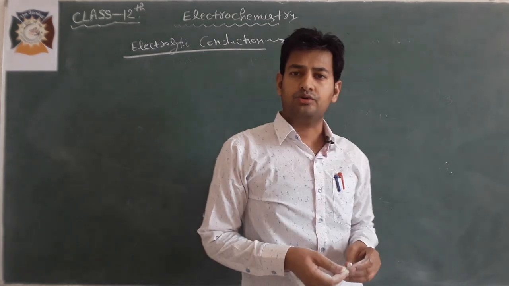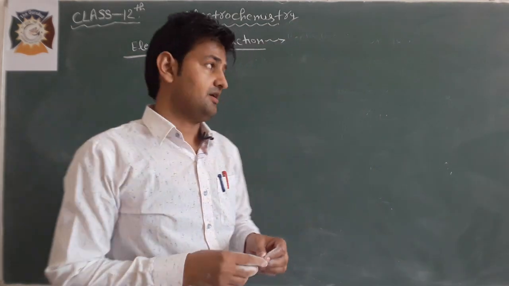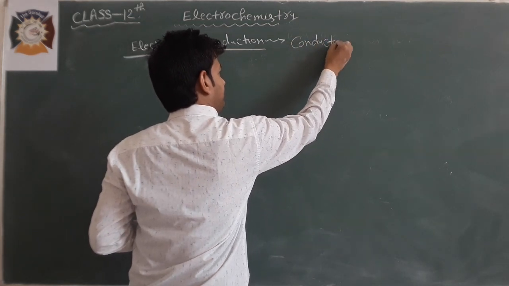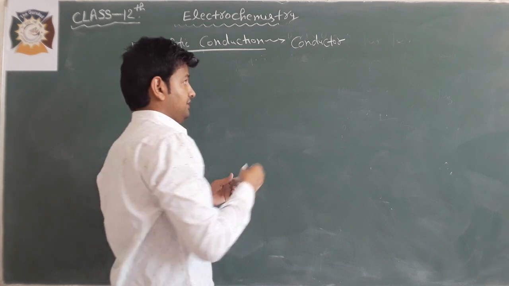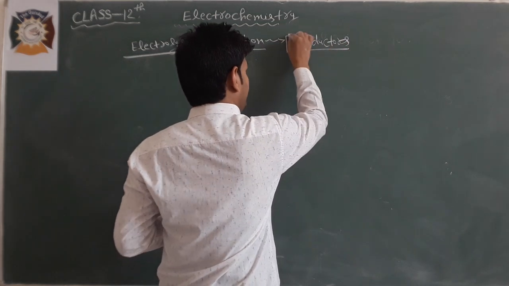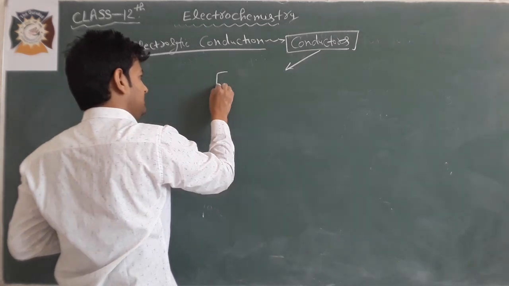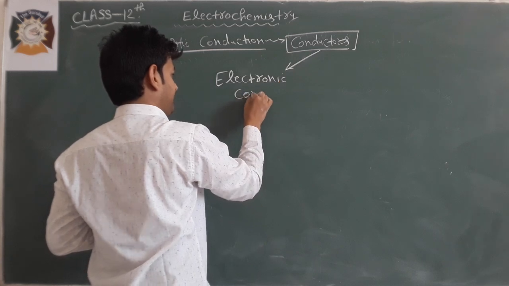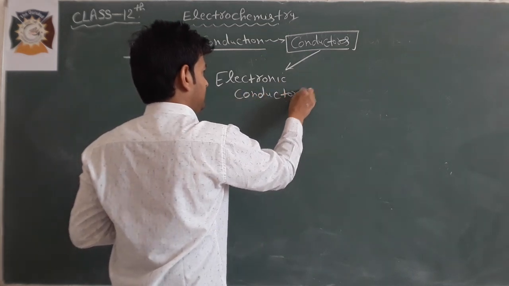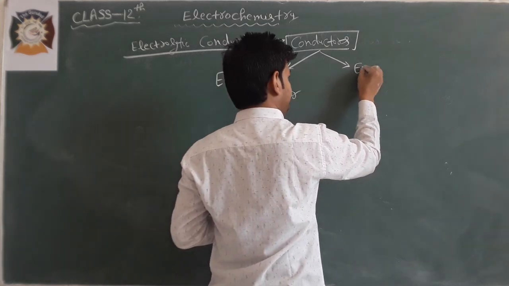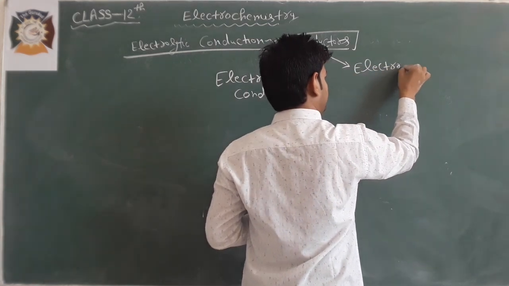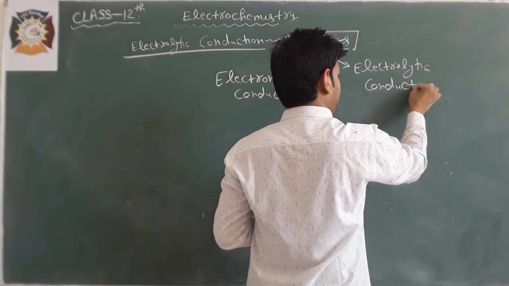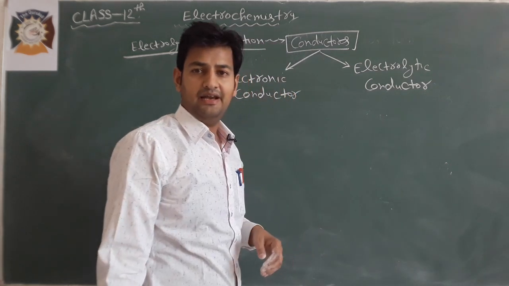There are mainly 2 types of conductors: electronic conductors and electrolytic conductors.